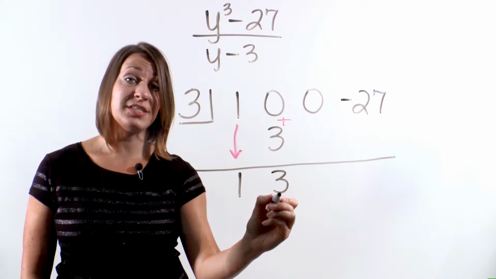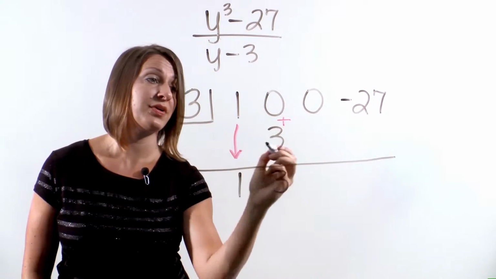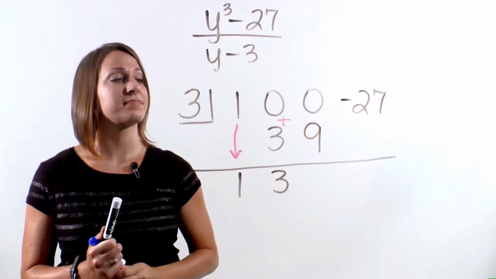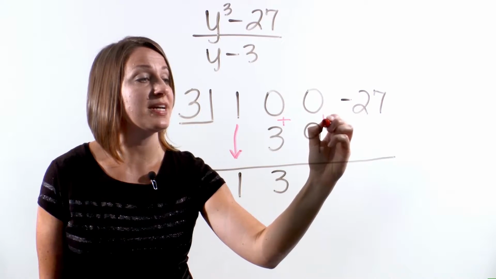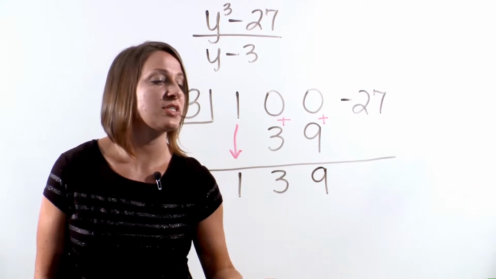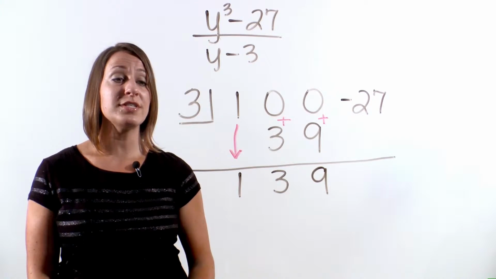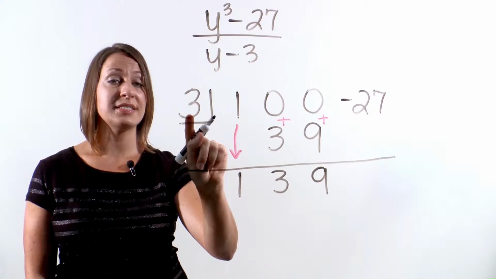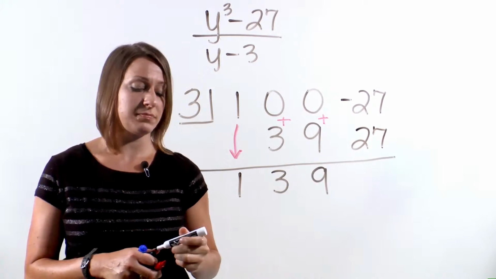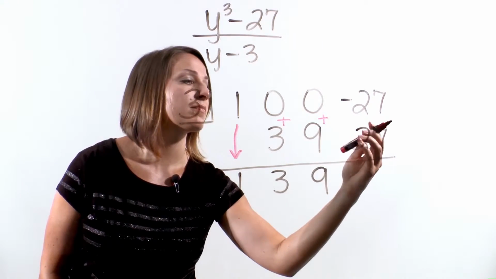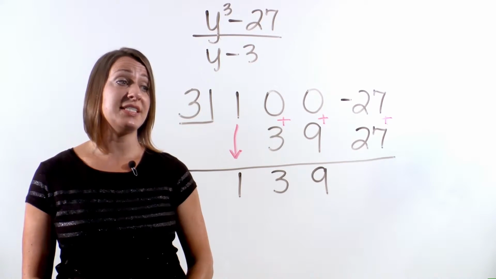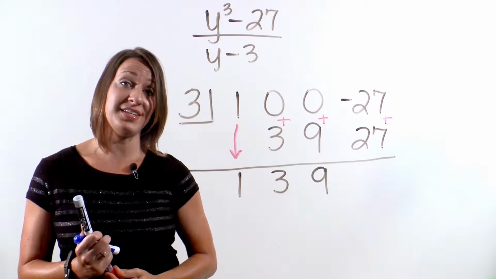And we'll multiply that answer times the corner number to get 9. We'll add 0 plus 9, which gives us 9. We'll do it one more time. Multiply 9 times 3 to get positive 27. Negative 27 plus positive 27 is 0.